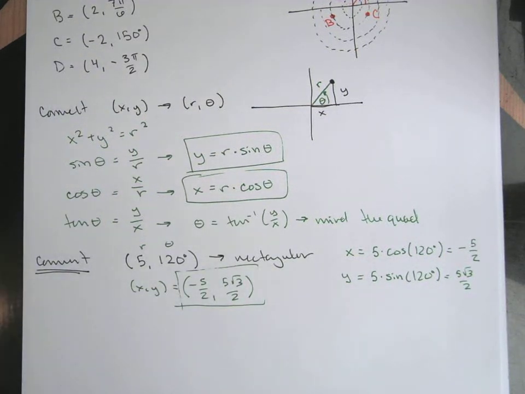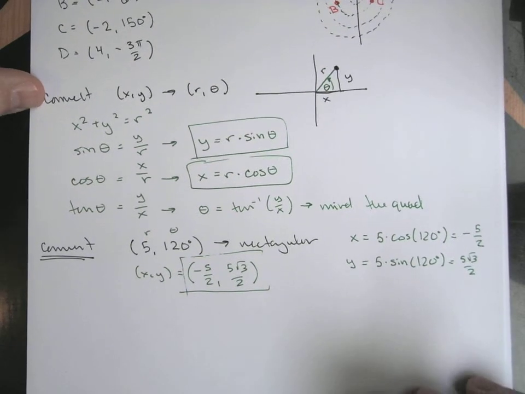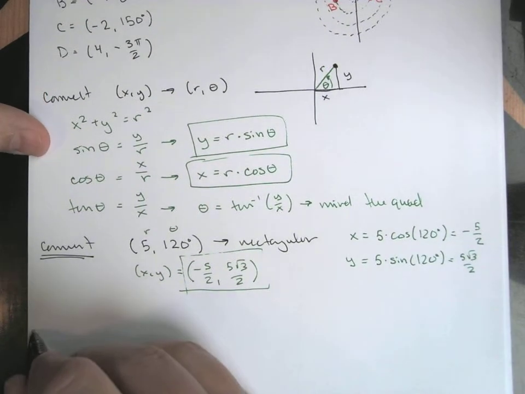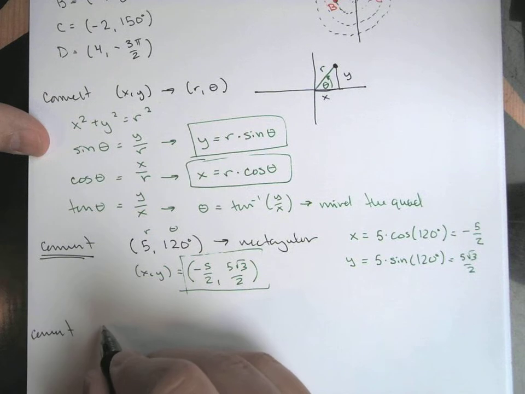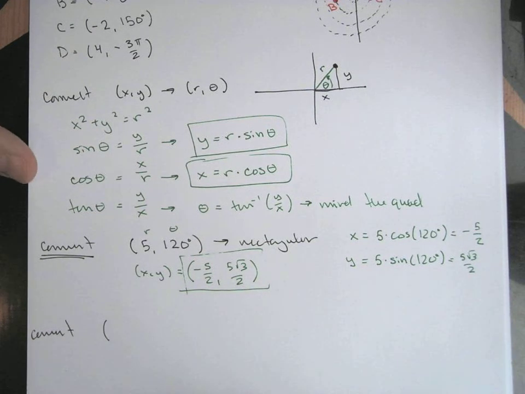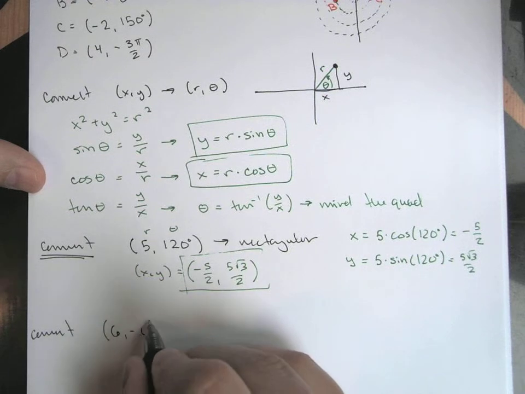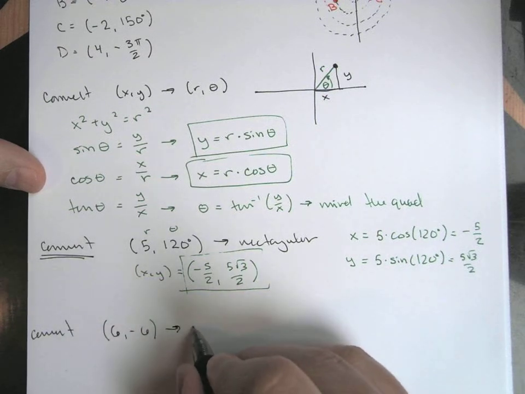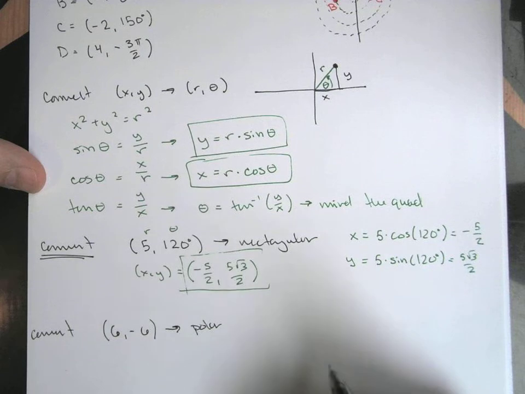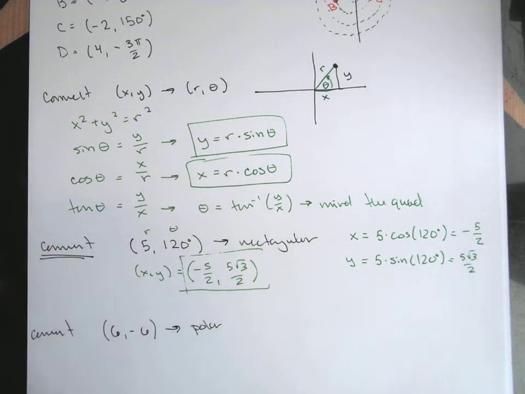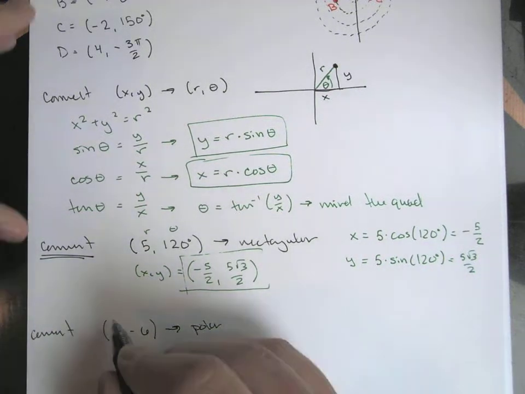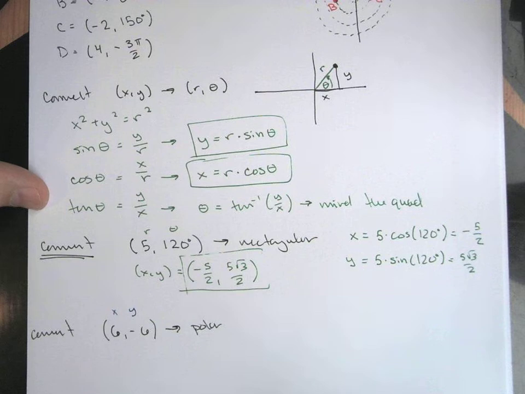If I wanted to reverse this relationship and run an example going the other direction, let's convert something like 6 comma negative 6 into polar. This is my x and my y. I need to find the radius and I need to find the angle.